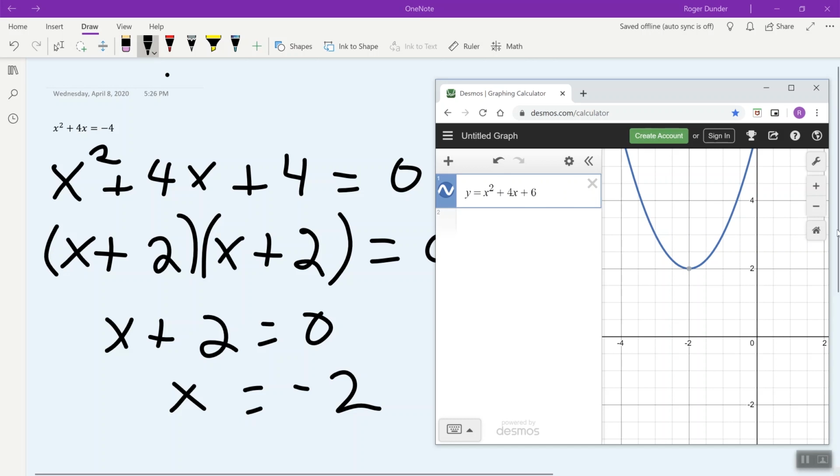And the answer is no. So if this had been our equation, we would have to say there were no roots, no solutions. Or to be more precise, there are no real solutions. There's a topic in math that you will study when you get to Algebra 2, where we talk about imaginary numbers, the number i.